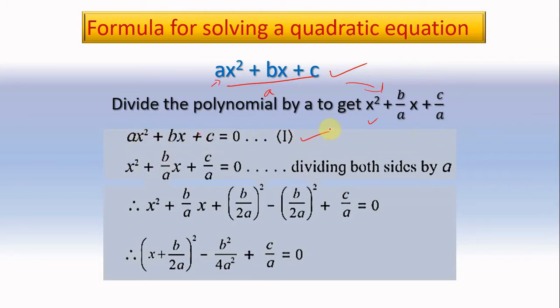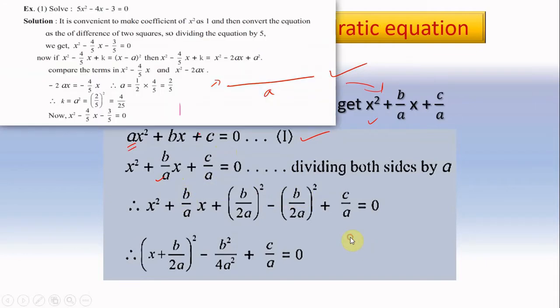This is the standard form of the quadratic equation, and we divide it with a in order to remove the coefficient a from ax square, the first term. Now we also found that by dividing the coefficient of the second term by 2, we found the solution for the equation.